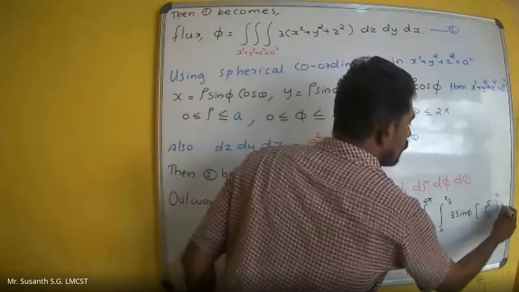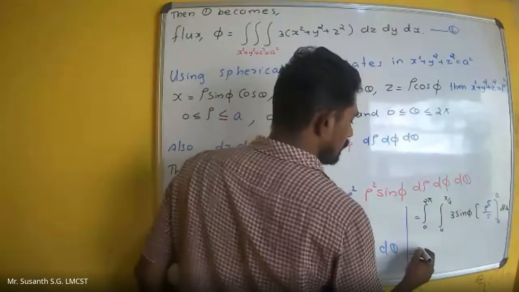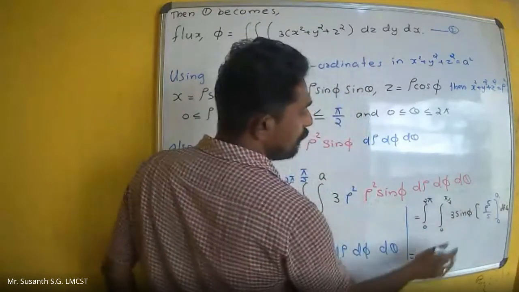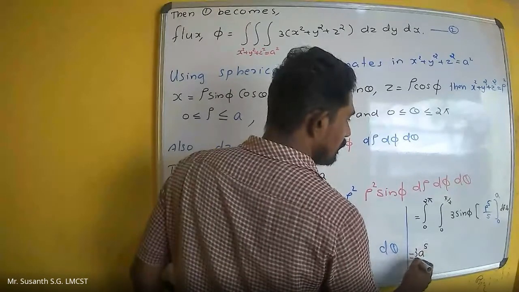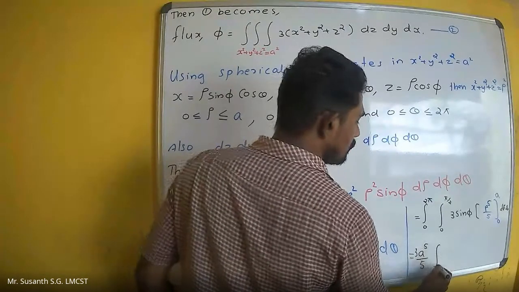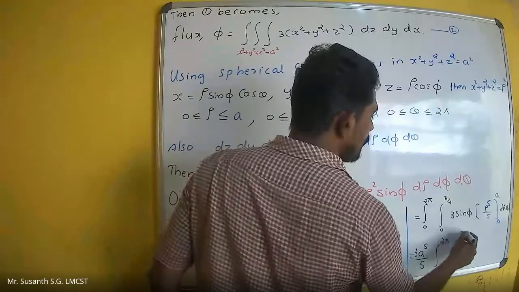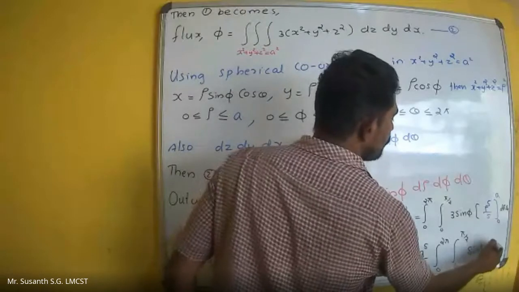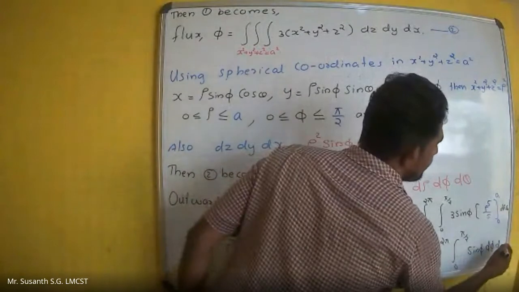Substituting a in terms of rho, we get 3a⁵/5, integral 0 to 2 pi, integral 0 to pi/2, sin phi d phi d theta.